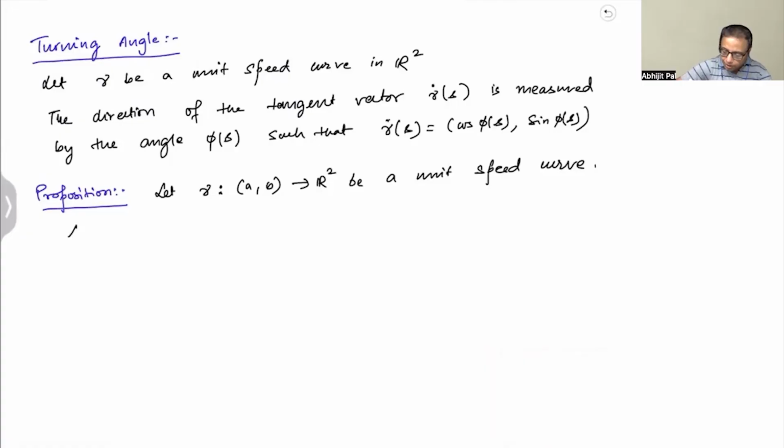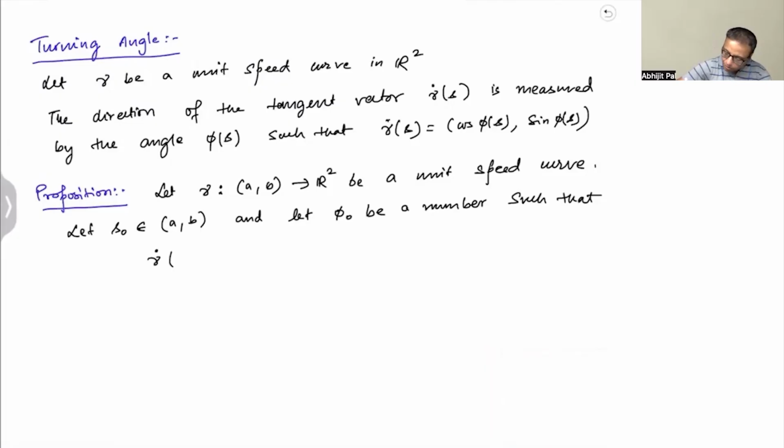Okay, so let s naught belong to AB and let phi naught be a number such that gamma dot s naught is equal to cos phi naught comma sin phi naught.